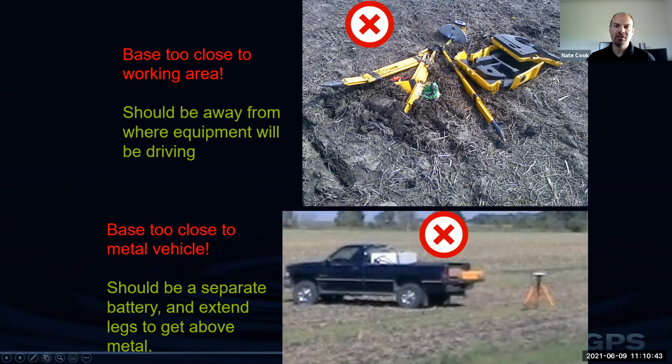So the base station does need to be kind of farther away from where you're going to be working, just as a safety issue. So that is a base that has been run over by the tile plow just because it was in the area that was being worked and the operator didn't see it or whatever. And then the lower picture is someone using the base just left it near the truck because it was convenient. But again, the signals can bounce off the metal and make your signal wander more, and that's not ideal.